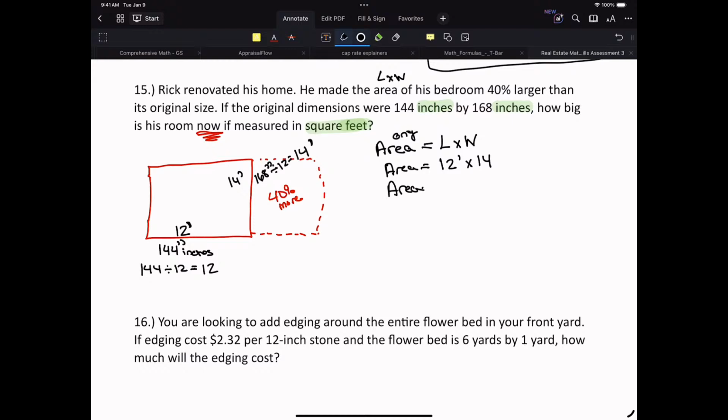So now the area of this thing is going to be 168 square feet. But that was what it originally started out with. Now his room is 168 square feet plus 40%.